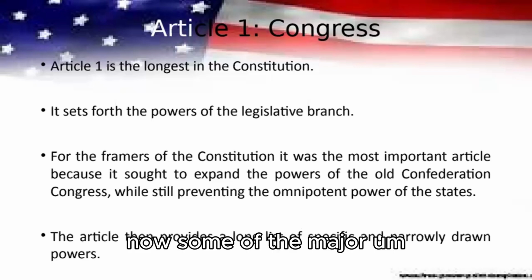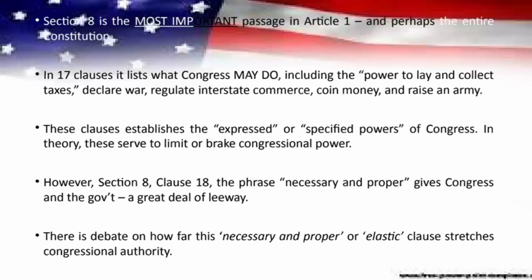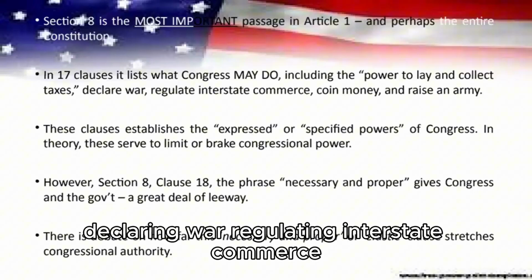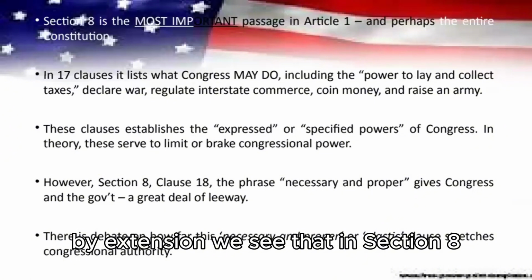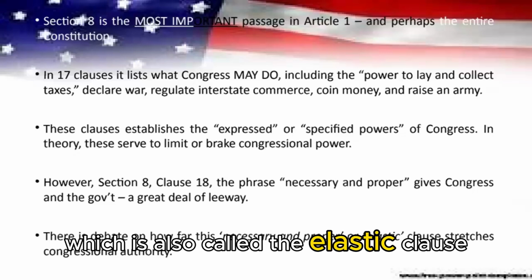Now, some of the major powers of Congress are as follows. They have express powers, which include taxation, declaring war, regulating interstate commerce, coining money, and raising an army. By extension, in Section 8, Clause 18, it contains the necessary and proper clause, which is also called the elastic clause.